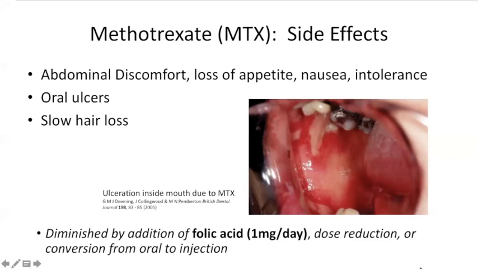Other ways to help reduce these side effects are to reduce the dose of methotrexate, or if you started with the oral dosing of methotrexate, to switch over to the injection dose of methotrexate, because using the injection format can bypass some of the abdominal side effects.